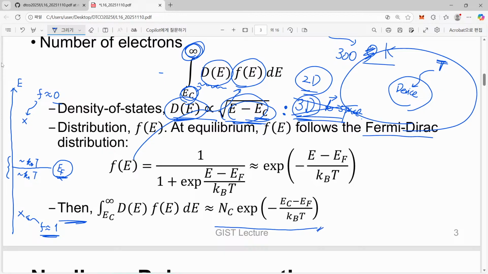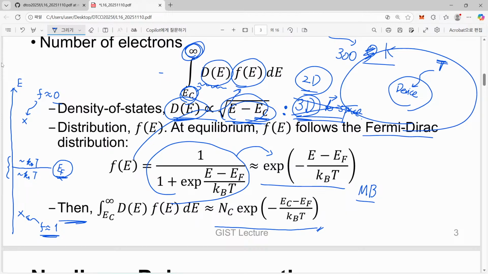Here, of course, I made some approximations. Although we have to consider Fermi-Dirac distribution, I have already made this approximation called Maxwell-Boltzmann distribution.